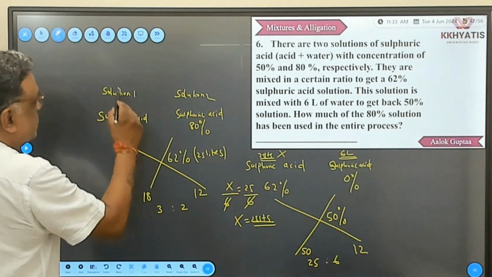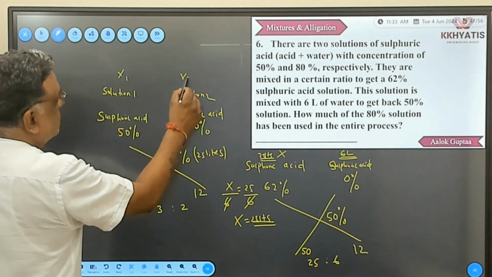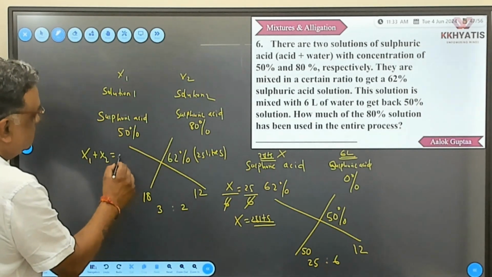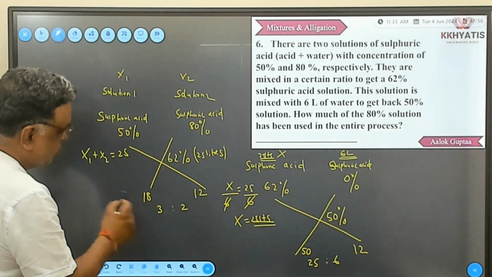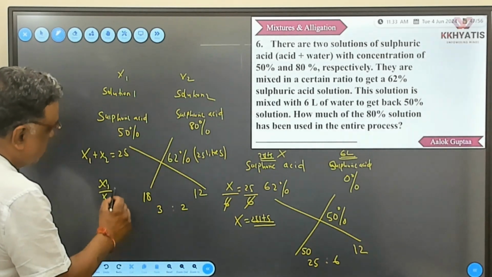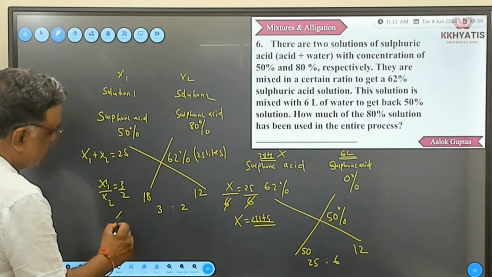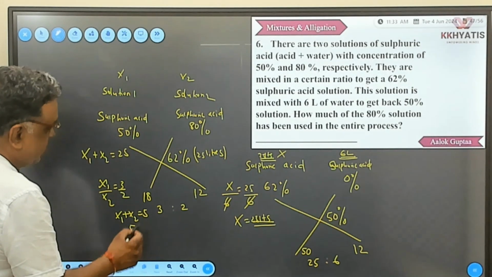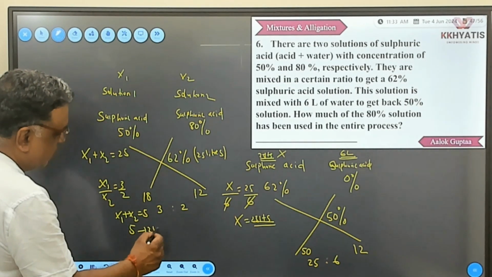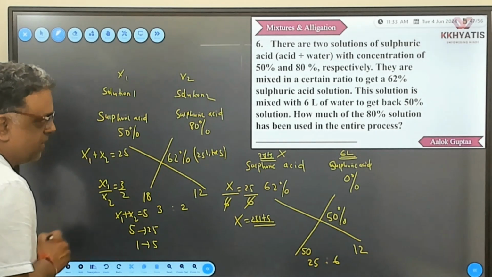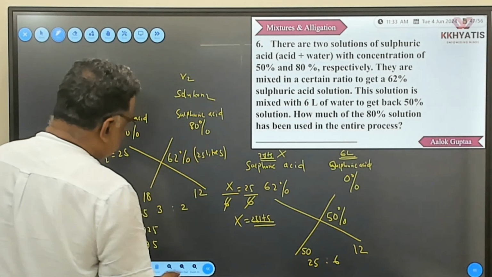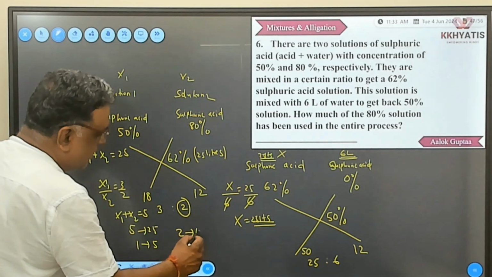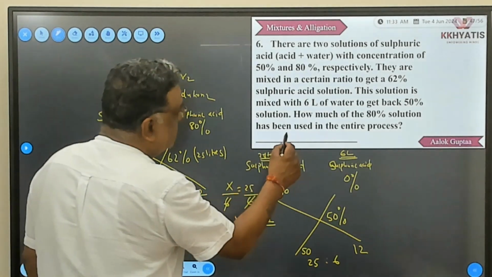So let us say this was x1 and this was x2, which means total x1 plus x2 is 25, and ratio of x1 upon x2 is 3/2, which means in terms of ratio x1 plus x2 is 5. The value of 5 is 25, value of 1 would be 5, and I've been asked 80% solution. So 80% solution was in quantity 2 in terms of ratio, so 2 would be 10 liters. So answer is 10 liters.